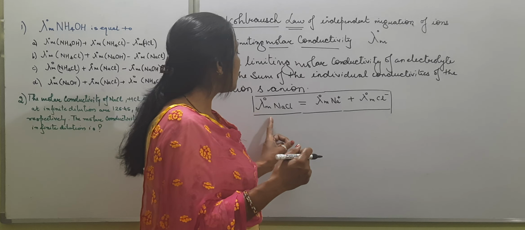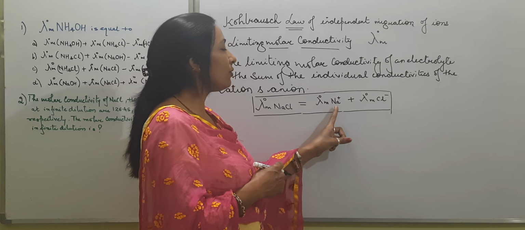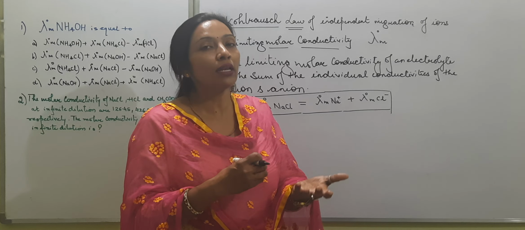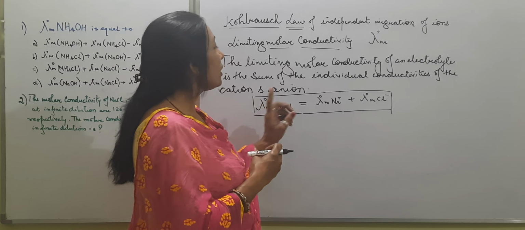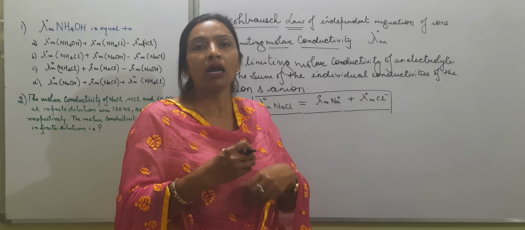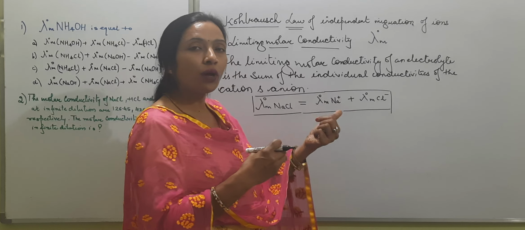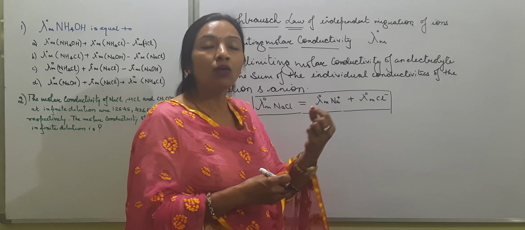So here the limiting molar conductivity of NaCl is the sum of the limiting molar conductivity of cation as well as the limiting molar conductivity of anion. This is an electrolyte where the number of cations after dissociation is 1, and in the unit formula we have Na 1 and Cl 1.